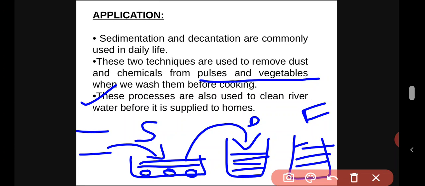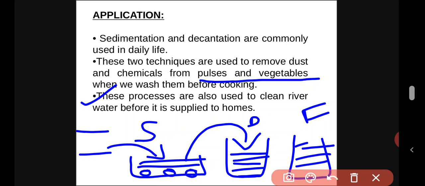From there it is taken to another process, decantation, where the water on top of the sediments is poured into another container with the help of the process known as decantation.